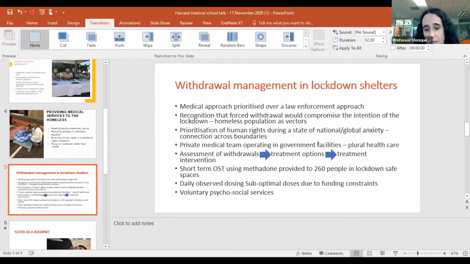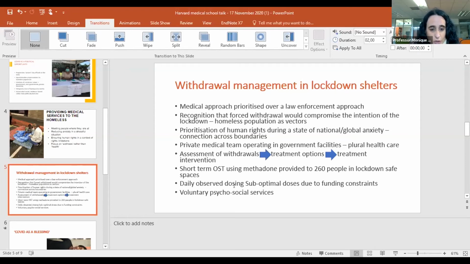And we provided then for 260 people in lockdown safe spaces, in 2 of them, a short-term OST program using methadone. What this meant, and we had 3 nurses as well, and a number of social workers working with us, some on a voluntary basis, some paid by the city, is that we had a daily observed dosing of methadone. We had a ceiling amount that we could give people in terms of the funding that we had available.